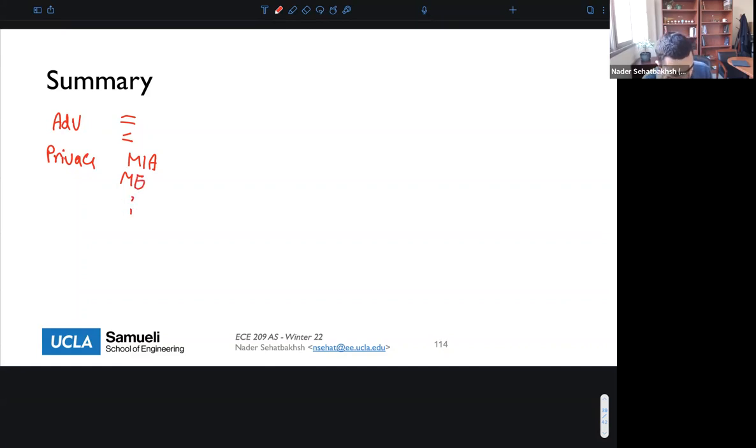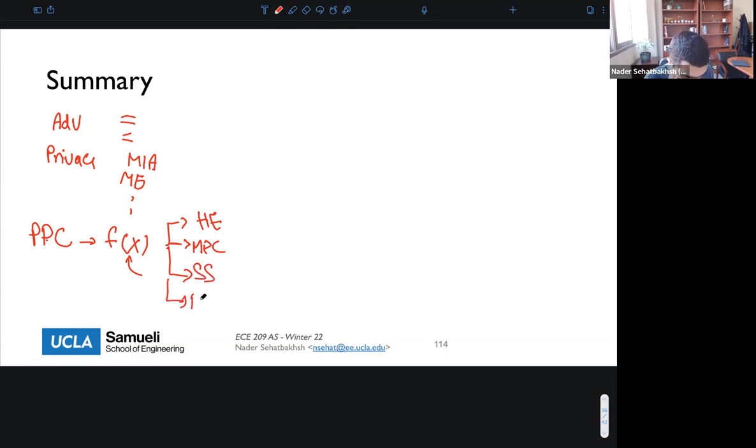Then we moved to privacy preserving computation, and we essentially said that if we want to evaluate a function on an input, and we don't want to send this input to the cloud, what are the possible scenarios? We talked about homomorphic encryption, multi-party computation, secret sharing, and differential privacy. And then we also talked about ad hoc methods such as federated learning and so on and so forth, right?